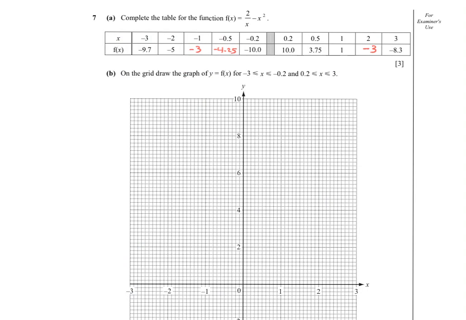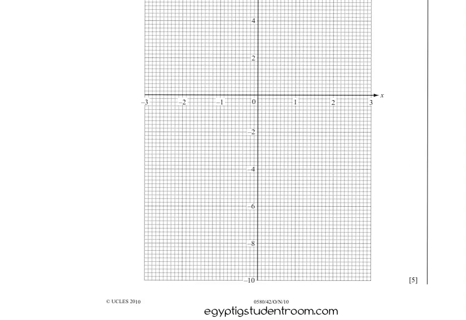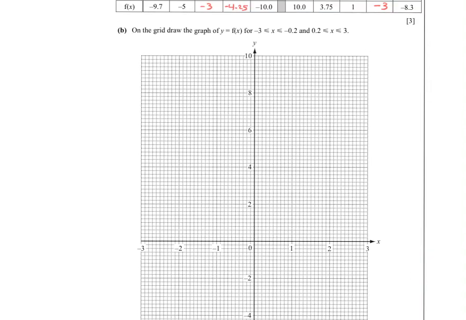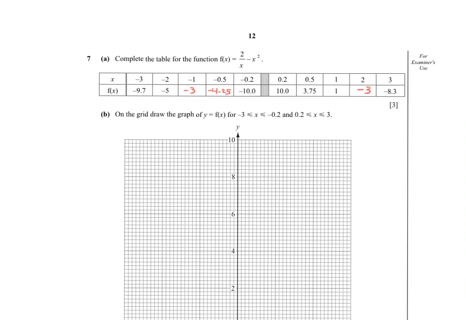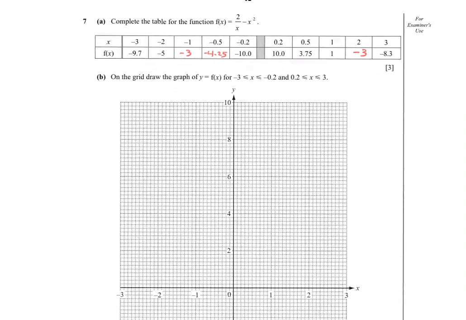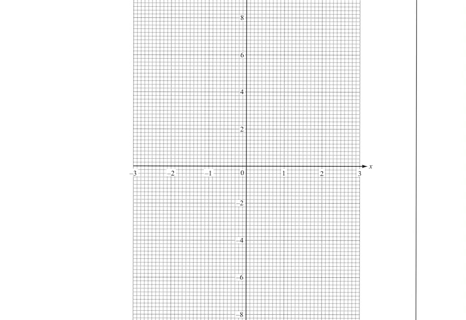Next one, you can complete the table with the calculator, then plot the points. The first point, negative 3, negative 9.7. This is the point. The next point, negative 2, negative 5.